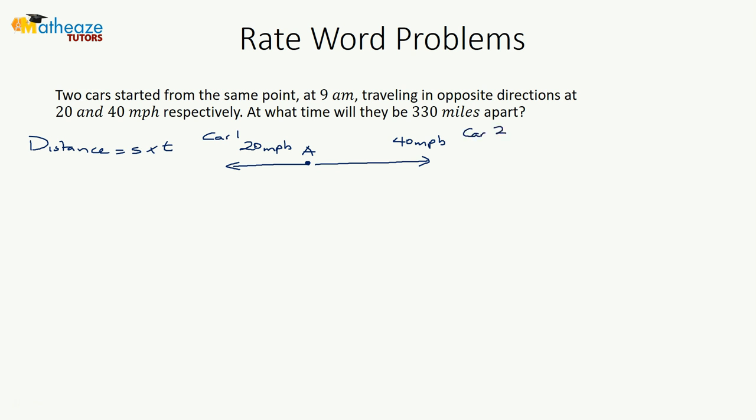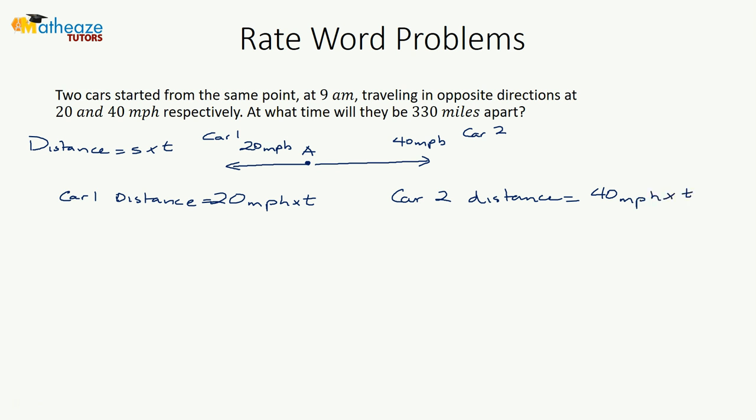For car 1, let's say car 1 distance is 20 miles per hour multiplied by time, which is t. Car 2's distance is going to be 40 miles per hour times t.